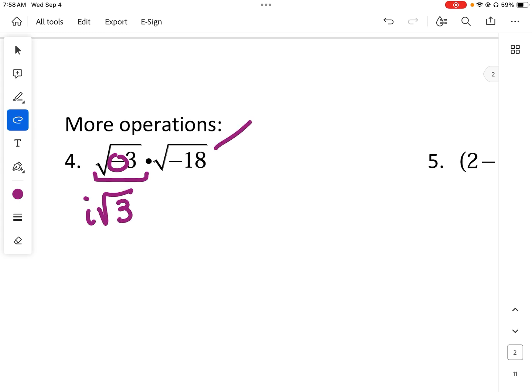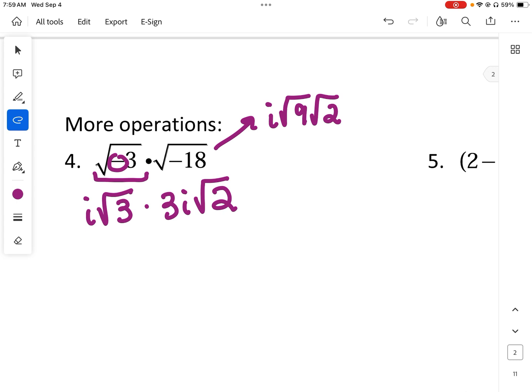Okay, this one though, it does have a perfect square. So it'd be i square root of 9 times square root of 2. Oh, 2, not that. So that would be times 3i square root of 2.